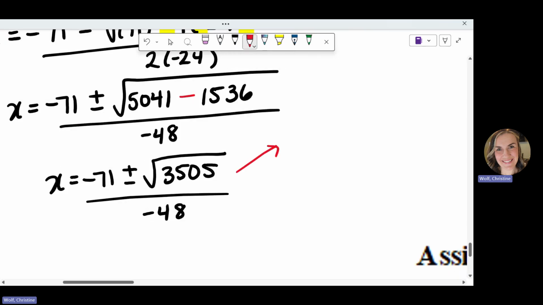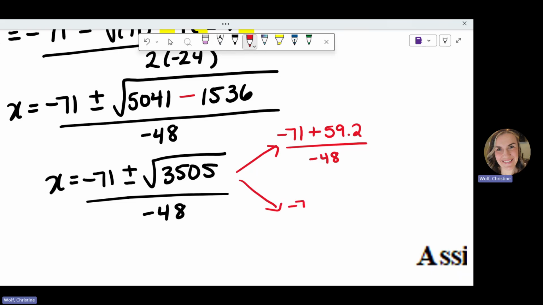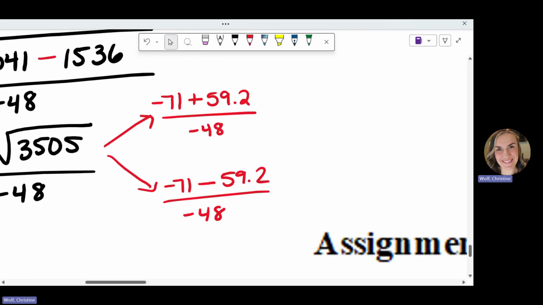So option number 1 is negative 71 plus 59.2 over negative 48. Or it's negative 71 minus 59.2 over negative 48. Okie doke. So when you get the help of your calculator and figure that all out, that is going to give you a 2.7-ish, 2.71.